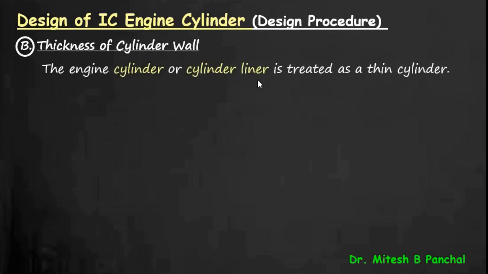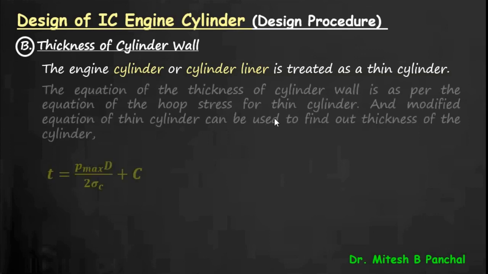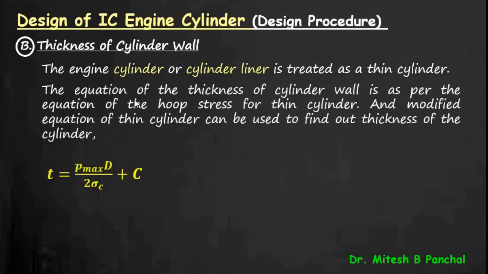So the engine cylinder or cylinder liner is treated as a thin cylinder for estimation of the thickness of the cylinder. So the equation of thickness of cylinder wall is as per the equation of hoop stress for the thin cylinder.